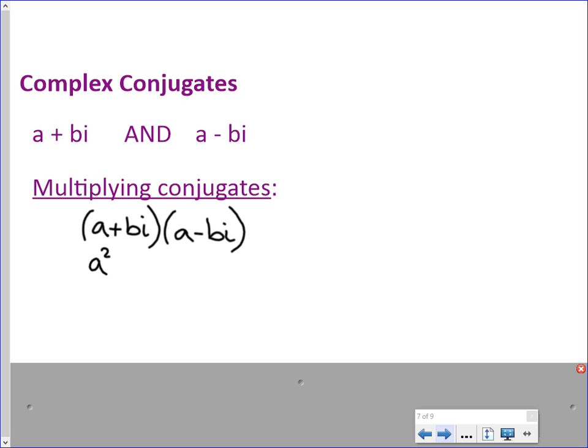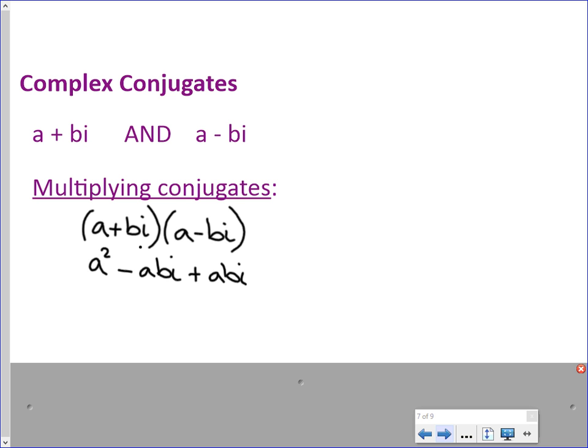Then a times negative bi, that's positive times negative, so it's going to be a negative. I always write, when I have lots of letters, just in alphabetical order, so I'm going to say abi. The next piece would be positive bi times a, positive times positive, so now it's plus abi.